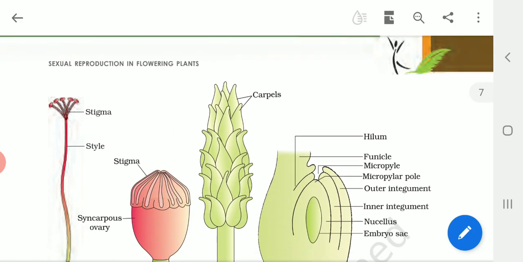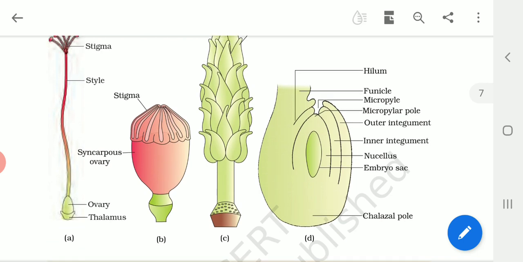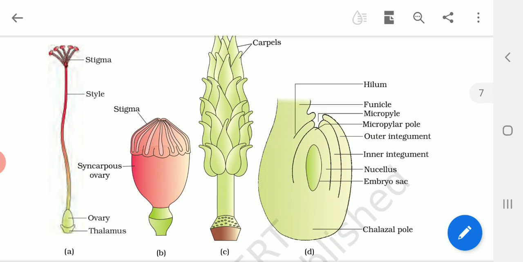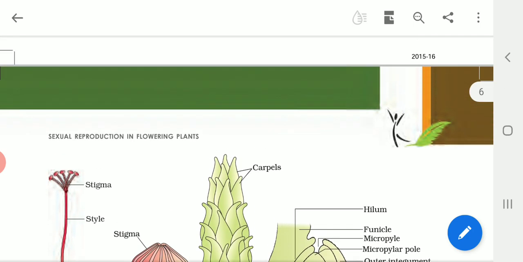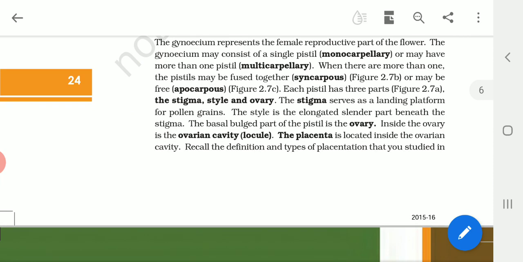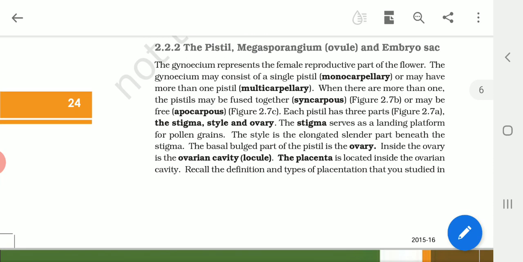Okay, children. Now, how does this ovule, the megasporangium, develop? And where is it found? We know that ovules are found inside the ovary.